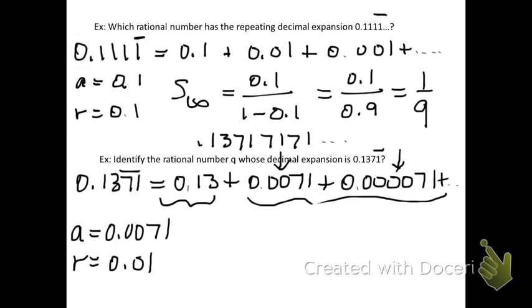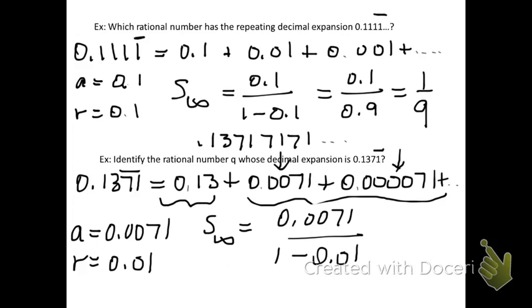Okay, so what we have is our sum of an infinite series is equal to, there's our A value, and then we have 1 minus our R value, which is 0.01.